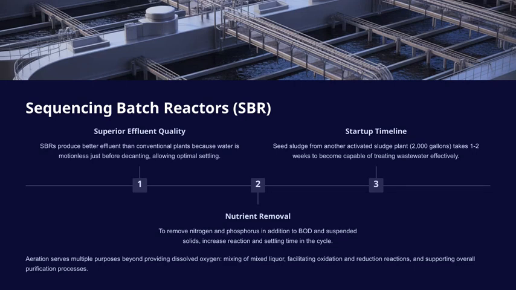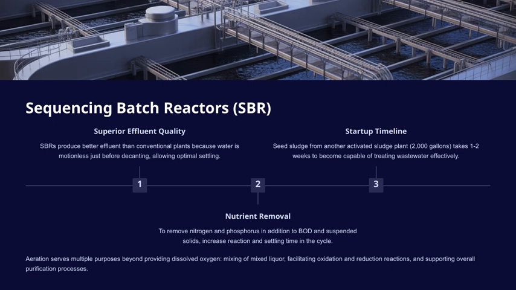Let's take a closer look at sequencing batch reactors, or SBRs, and what makes them a valuable option for wastewater treatment. First, they deliver superior effluent quality. This is because, during the final settling phase, the water remains motionless, which allows particles to settle more effectively.